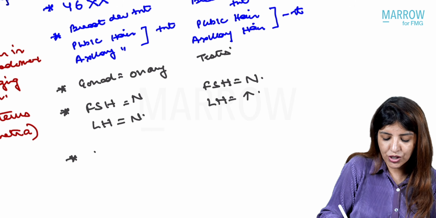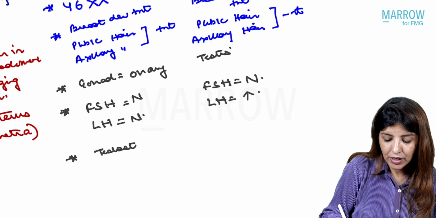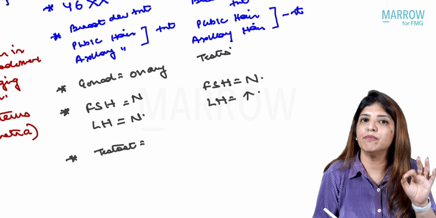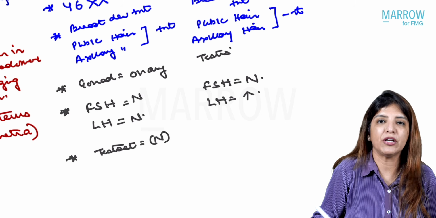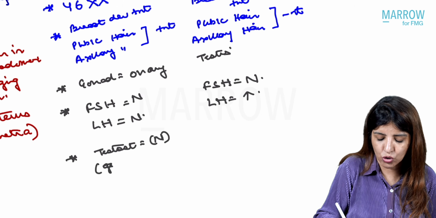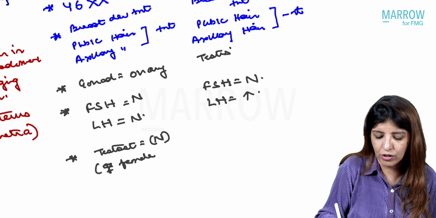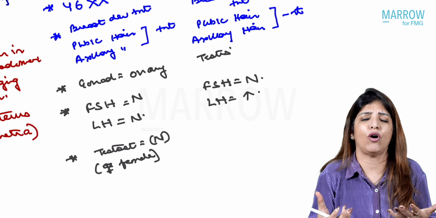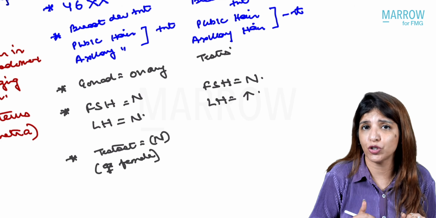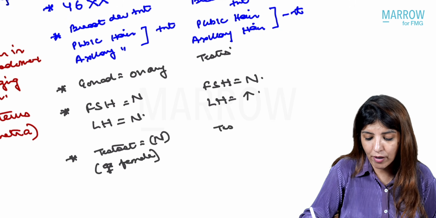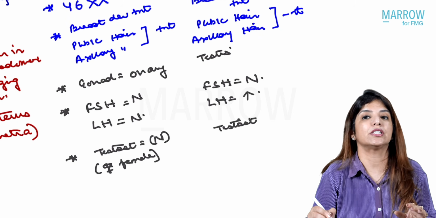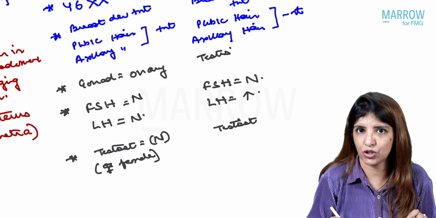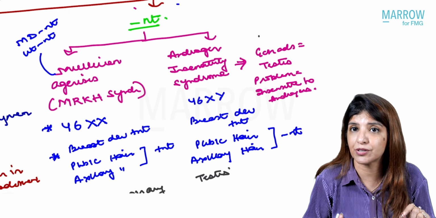What about testosterone levels? Testosterone levels in Mullerian agenesis will be normal and they will correspond to the normal level of a female androgen, right? What is the normal level of androgen in females? It will correspond to that. But when we talk about testosterone levels in androgen insensitivity syndrome, actually they have testes.